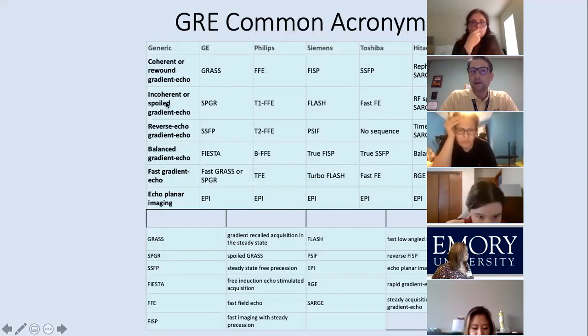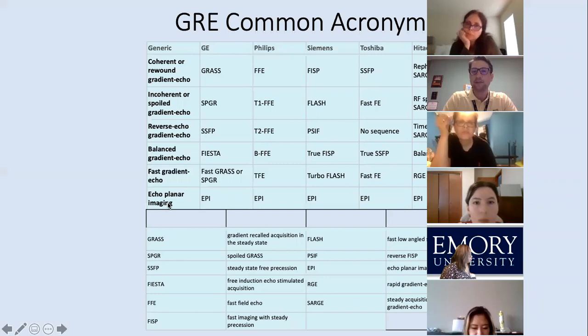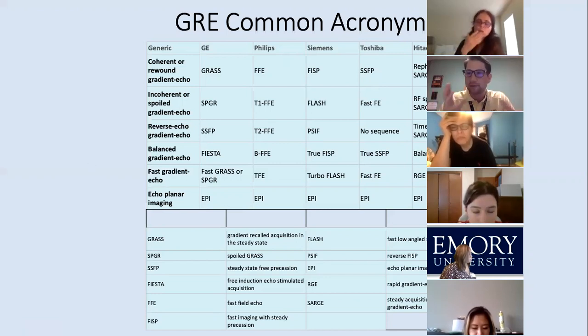We'll also talk about incoherent or spoiled gradient echoes, reverse gradient echo, balanced gradient echo, fast gradient echo, but mainly when we talk about fast gradient echo, we'll talk about echoplanar imaging. So these are the acronyms, and these are the manufacturers and how they differ. This is good if you maybe print this slide out and have an understanding of what particular scanner you're working on, so that you have an idea of what pulse sequence you're running.